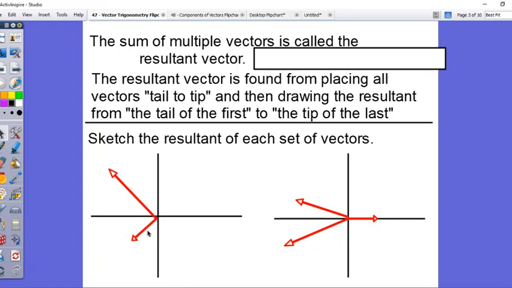To find the resultant, you go from the tail of the first to the tip of the last. So that is the resultant vector.